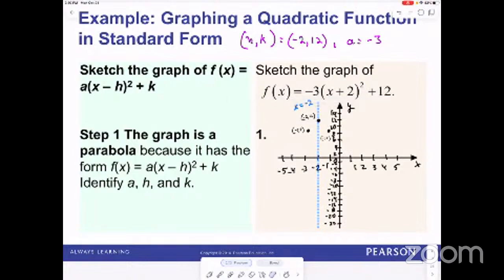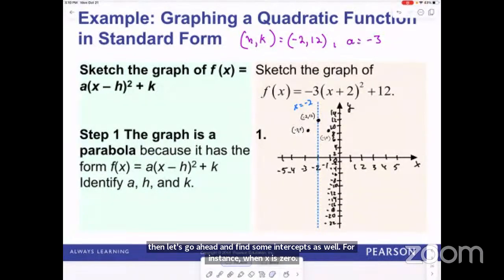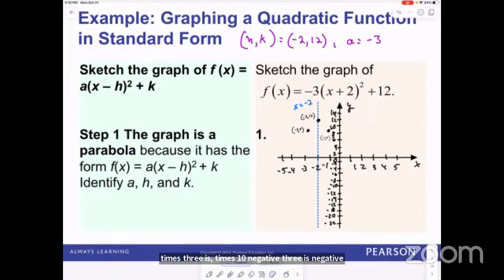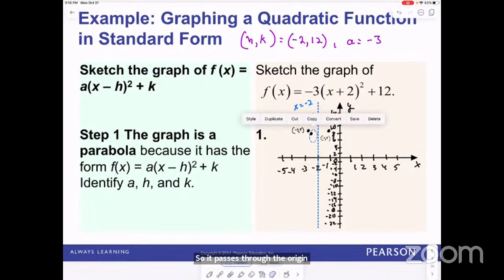Okay. And then let's go ahead and find some intercepts as well. For instance, when x is 0, 0 plus 2 is 2, squared is 4, times negative 3 is negative 12, plus 12 is 0. So it passes through the origin. So if we go 2 to the right, we're at 0.